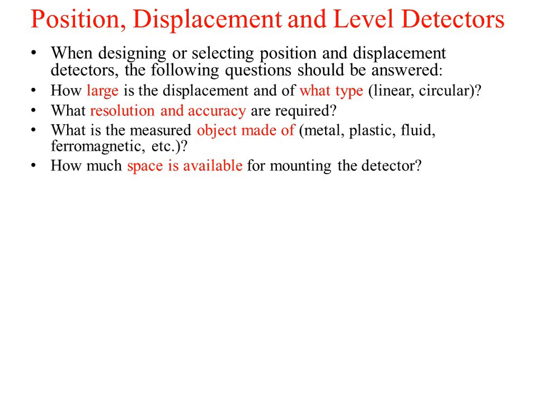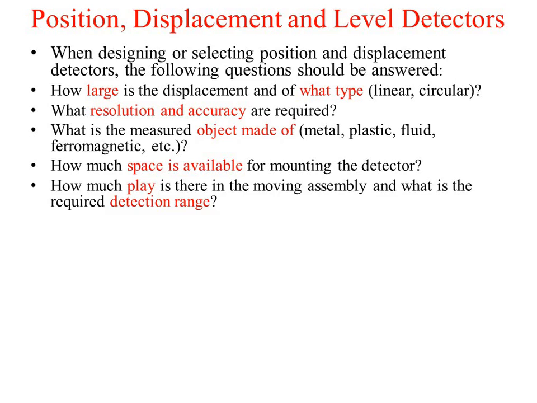Space availability depends again on your application. So how much play is there between the object and your sensor? Because in industry, when you are putting a sensor on a conveyor belt, there should be a proper play, so that the detecting range should be decided.